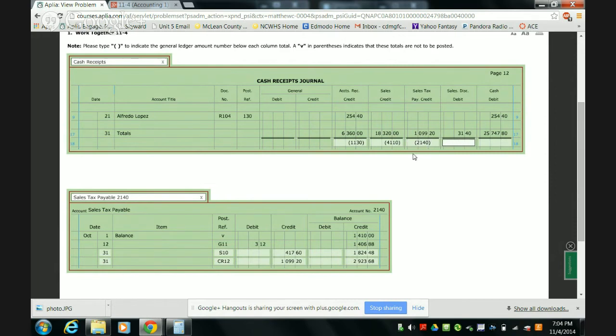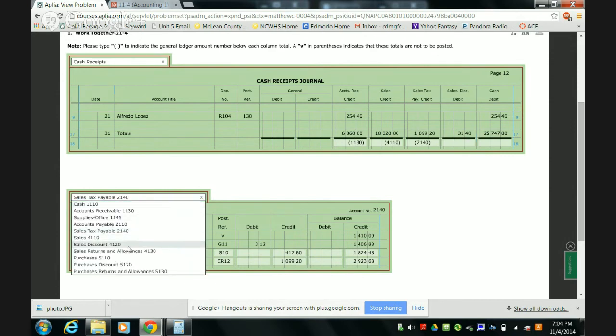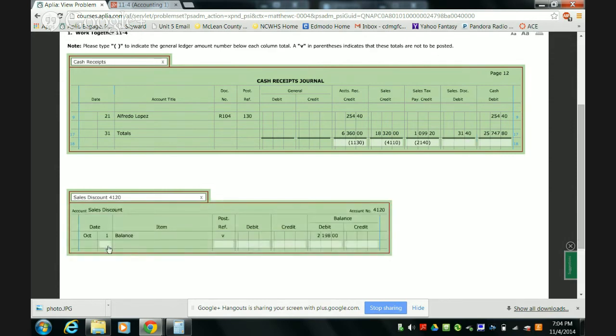All right, sales discount debit. So I go to my sales discount. 31. CR12. My debit here is for $31.40. Sales discount has a normal debit balance because it is a contra sales account.